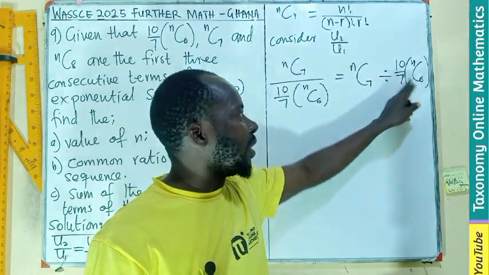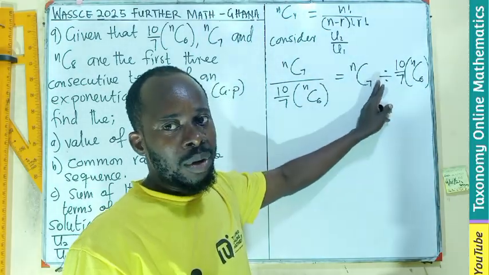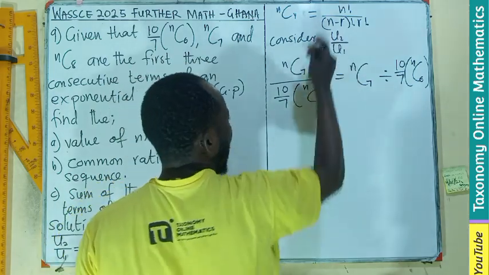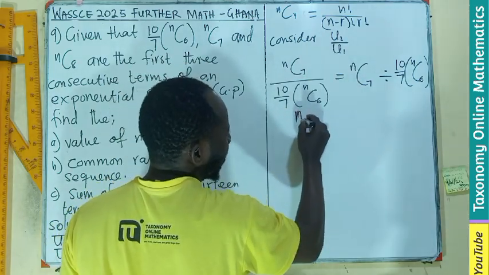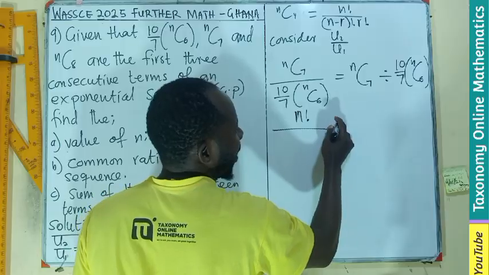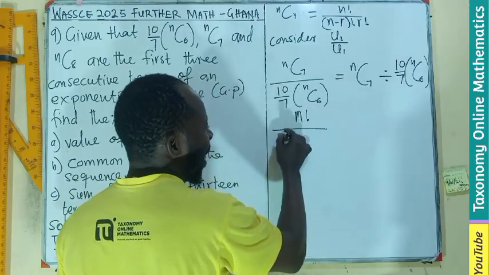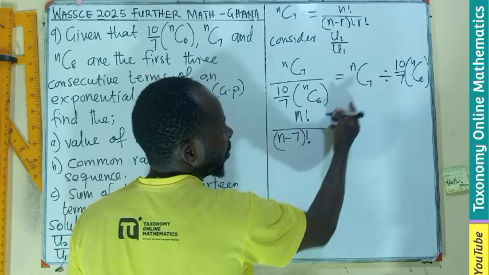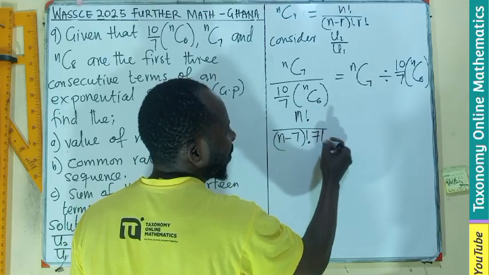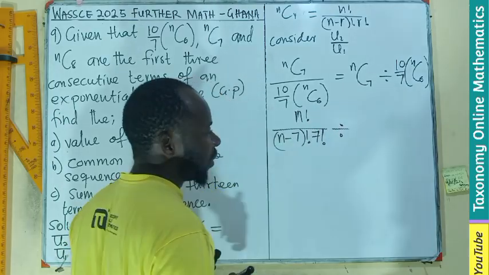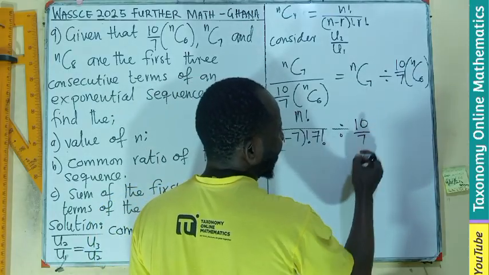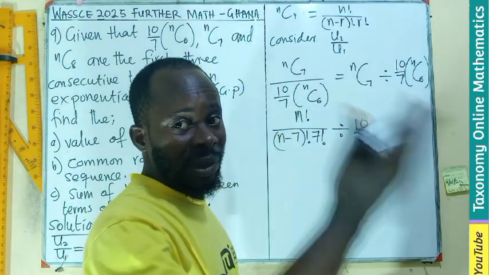But before I work on this, I'll change this to multiplication, or we can still maintain it. So from here, I should have n factorial divided by (n minus 7) factorial times 7 factorial. Let me still maintain the division. Then I keep my 10 divided by 7, which is just a scalar multiplying that.